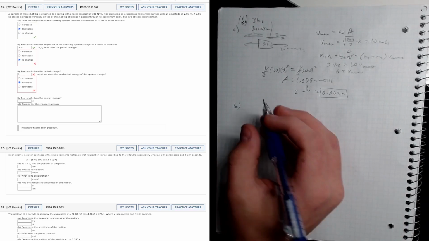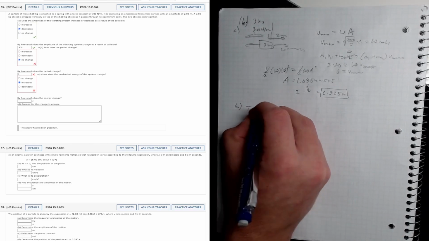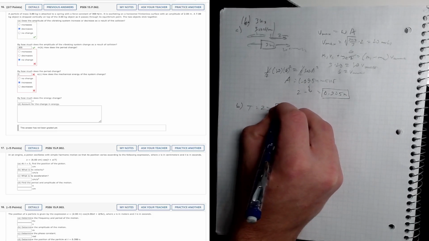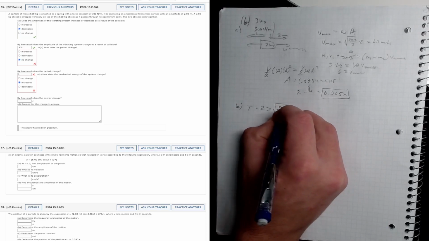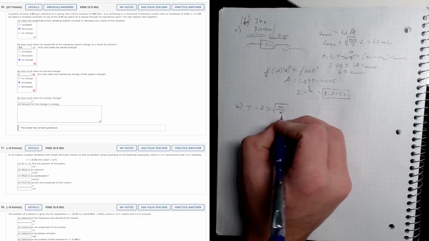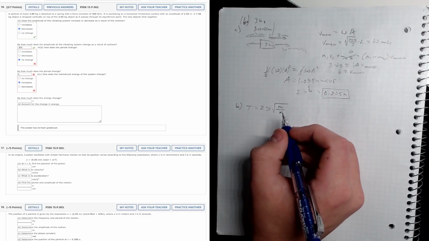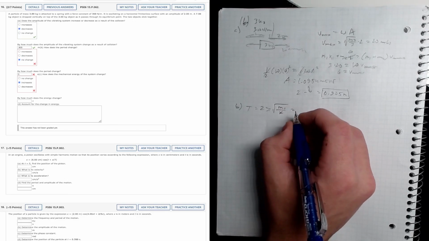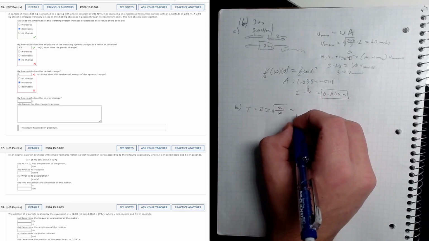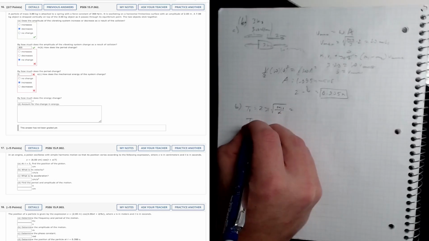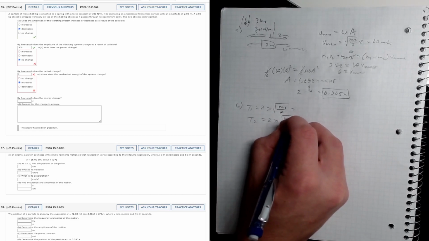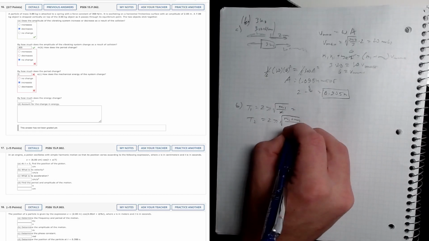So period equals 2 pi square root of m over k. So if initially m1, so m1 equals 3, and the new period equals 2 pi square root of m1 plus m2 over k.